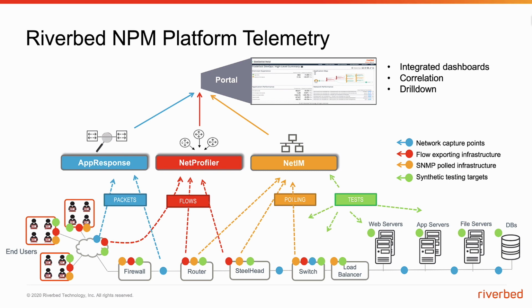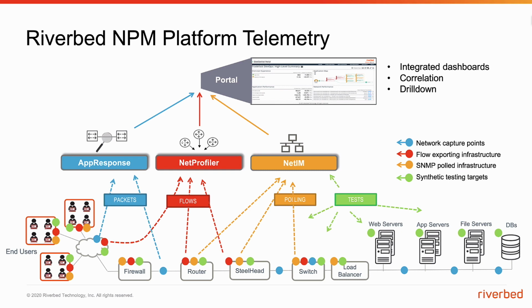I tried to visualize it here for you. AppResponse, you can see in the blue, is packets, NetProfiler is flows, NetIM is polling and also synthetic testing. And then taking all that, roll it up into Portal, and now you've got that integrated dashboard.